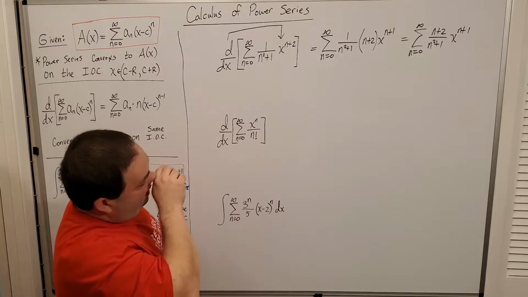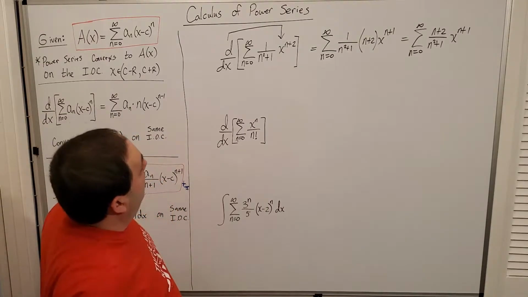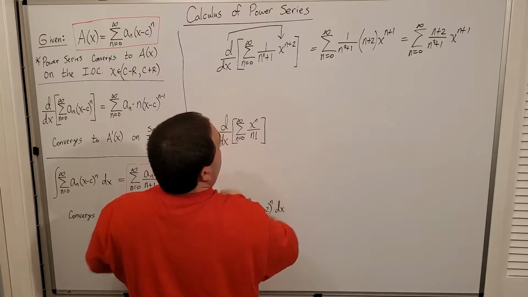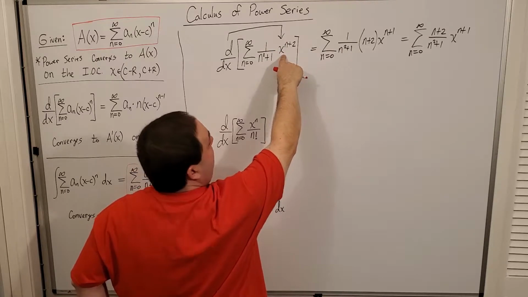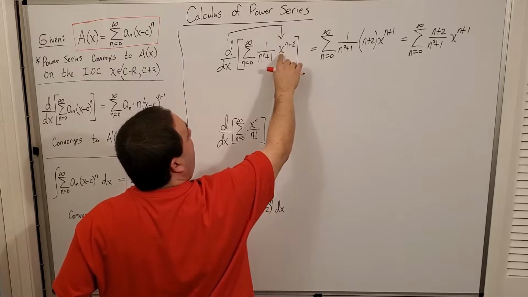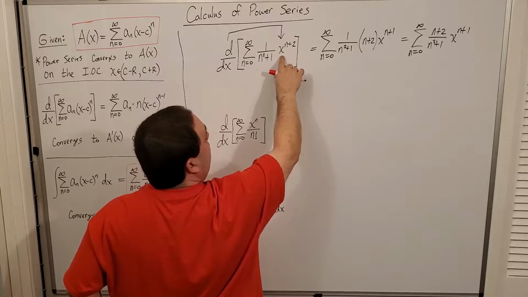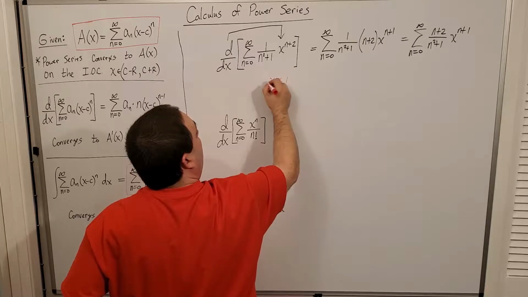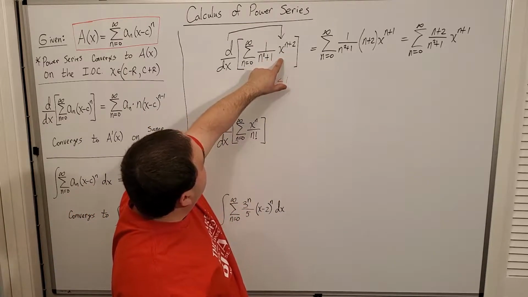Okay? Now let's talk about interval of convergence for this guy. Right? Here, the interval of convergence, I'm going to use the root test here. Okay? According to the root test, I can see that the nth root of this is going to tell me that x has to be in between 1 and negative 1, right? Because the x to the n there.